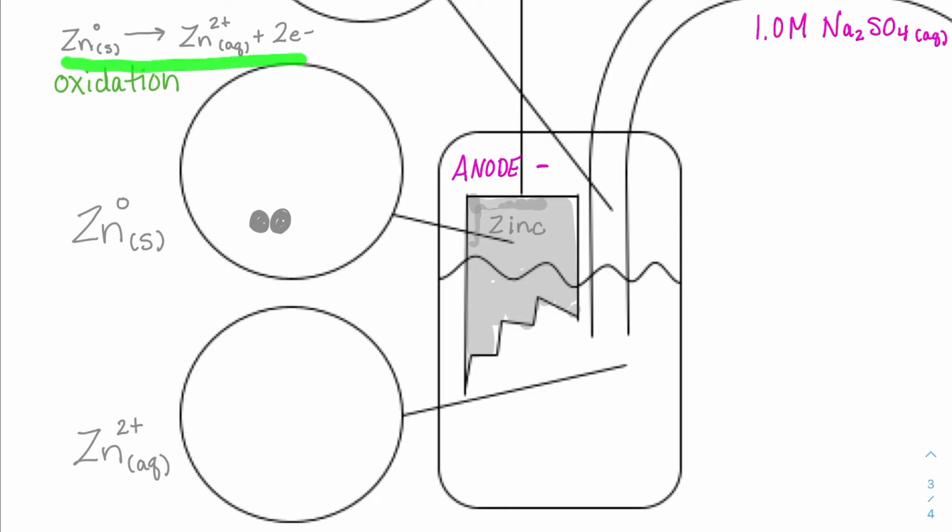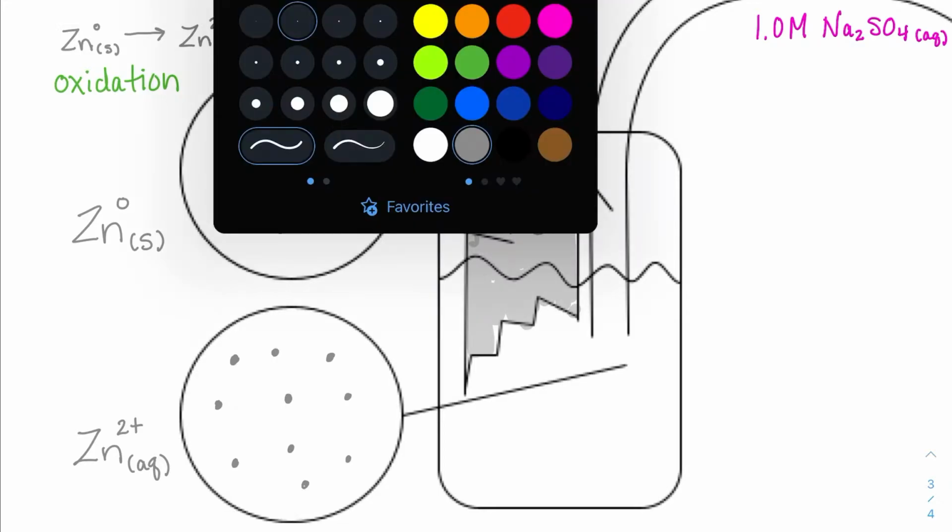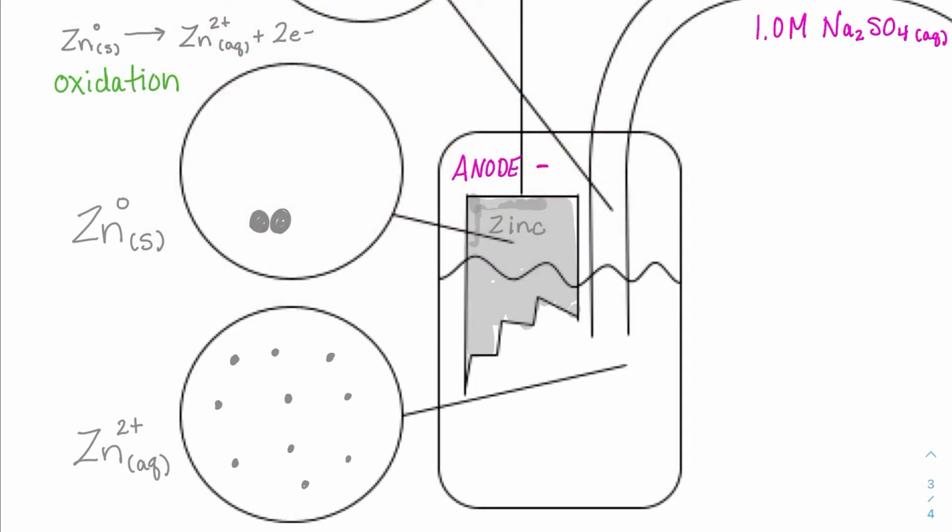We started with 6 in the first video when we made our zinc sulfate 1 molar solution. Then we added 2 more in our second video. And now I have 2 more that have been added since this cell has been operating. All right, so let's add in our sulfates because this is actually a zinc sulfate solution.